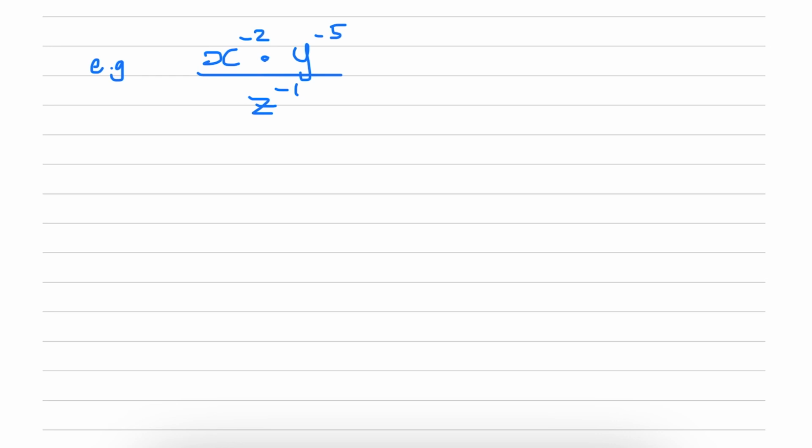Right, so here we have x to the power of negative 2 times y to the power of negative 5 divided by z to the power of negative 1. I'm going to simplify this entire expression in one line. And the way how I do that is I simply move the numerators, the ones that have a negative exponent, I move that to the bottom. So they become the denominators now, but with a positive exponent.